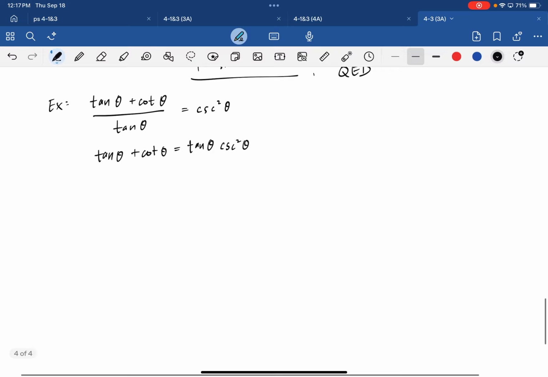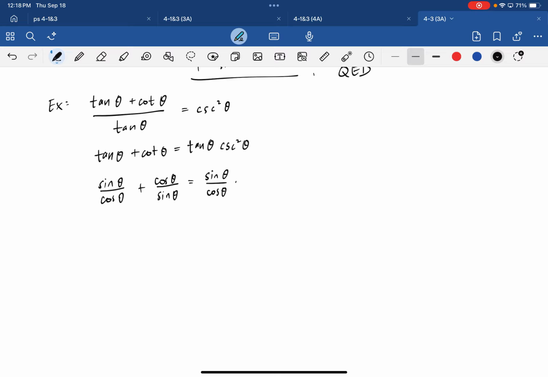Okay, so maybe now we can try to rewrite everything in terms of sine and cosine. So tangent theta is sine over cosine. And then cotangent of theta, right? That's 1 over tangent, so that's going to be cosine over sine. Then we have a tangent theta, so that's sine over cosine.